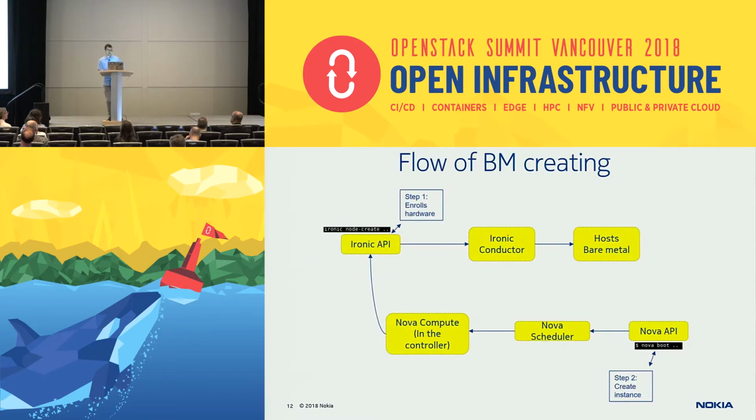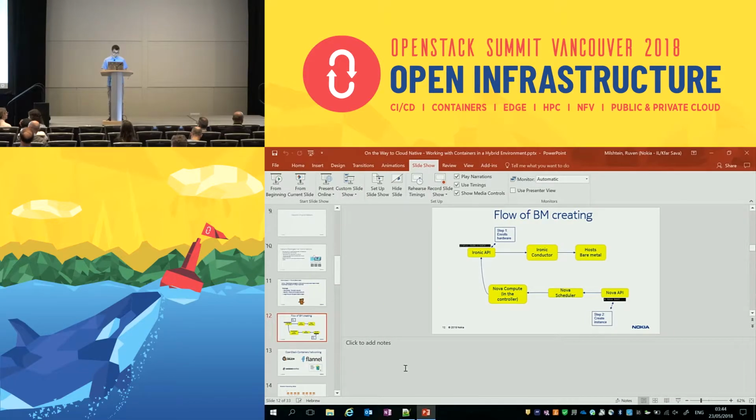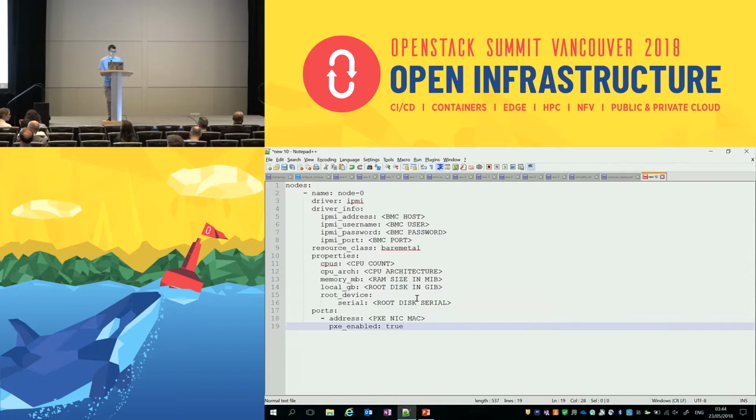Okay, this is the flow of bare metal creation. The first step is to enroll the hardware, which means we need to give the Ironic API a YAML file that describes the information of the bare metal. I have an example here. As we can see, this is the name of the node, node 0.